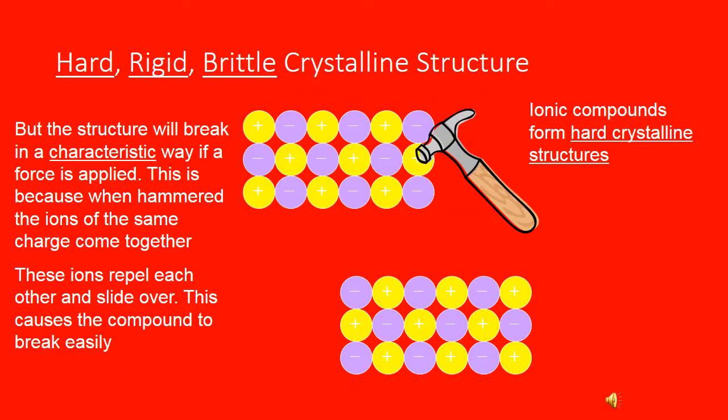These ions repel each other since they have similar charge, and so they slide over each other. This causes the compound to break easily. So we say they are brittle. Brittle means they can be easily broken when hammered or when we apply any external force.